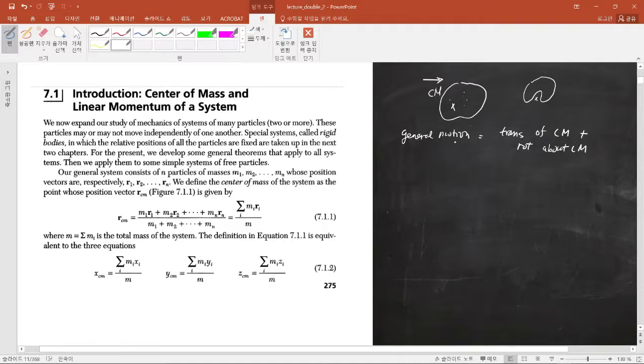In general, you have, for example, 3 degrees of freedom for this part here, and also 3 degrees of freedom for this part, which I have explained in the previous lecture. And if this is a rigid body, then all the relative positions are fixed.